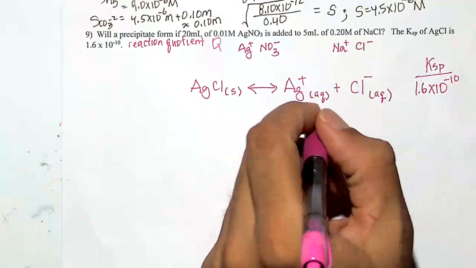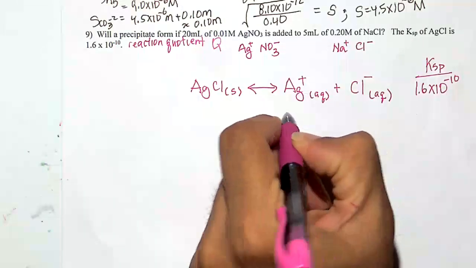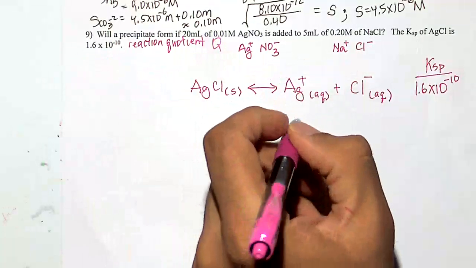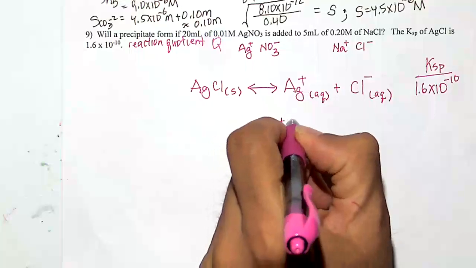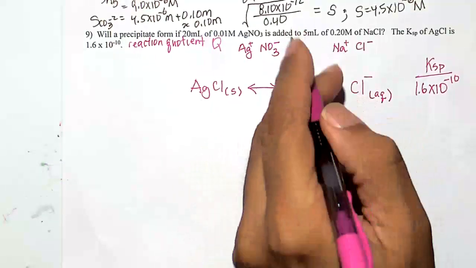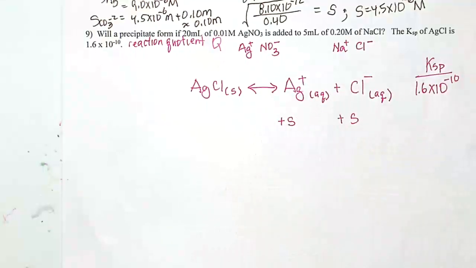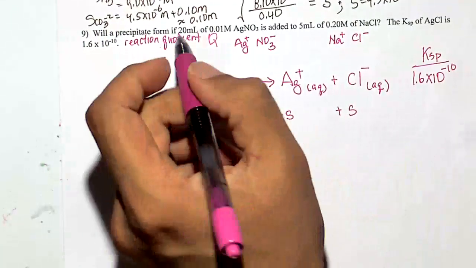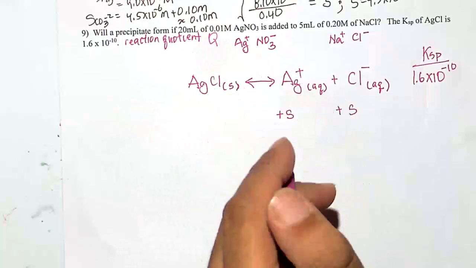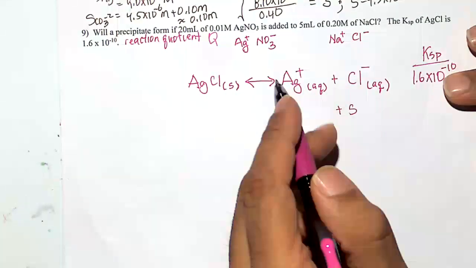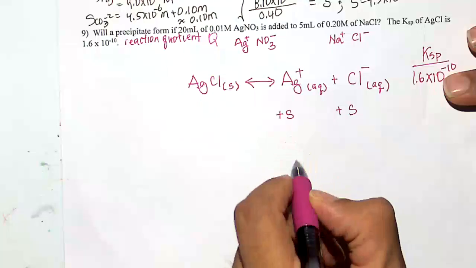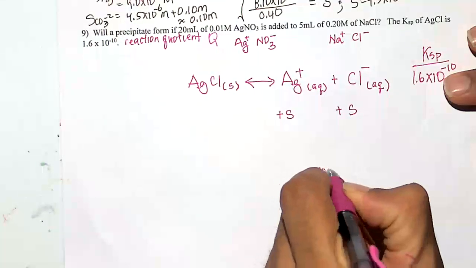And then this is going to be plus S, because some of that solid will go this way, and when it does, you'll have silver ion being plus S, and then chloride ion being plus S. All right, so now we're adding a source of silver ion and a source of chloride ion. Let's calculate the concentration after mixing.